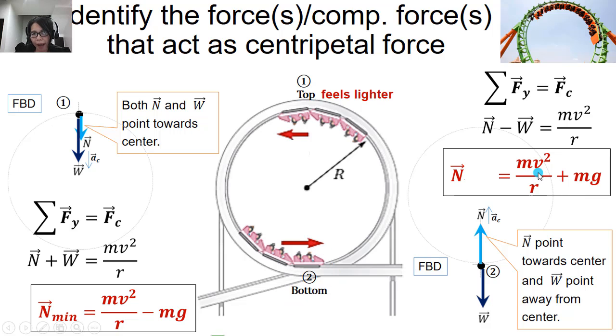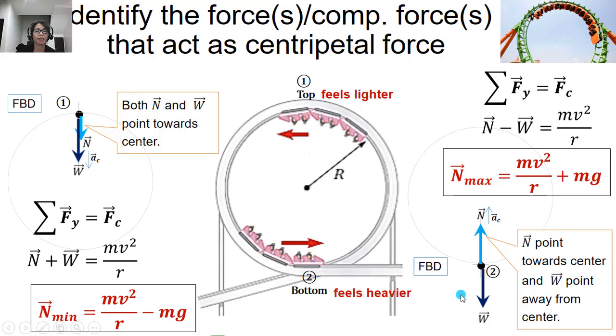So we find out that at the bottom positions, our centripetal force is added to the weight of the object. So our normal reaction force will become maximum. That's why as the roller coaster or any object around the loop reaches the bottom, it will feel heavier and it will have a feeling of being safer. Dia akan rasa selamat dekat bahagian bawah ni.